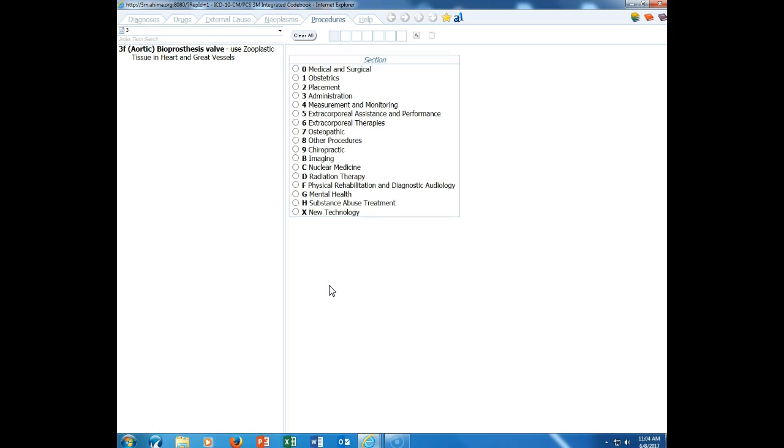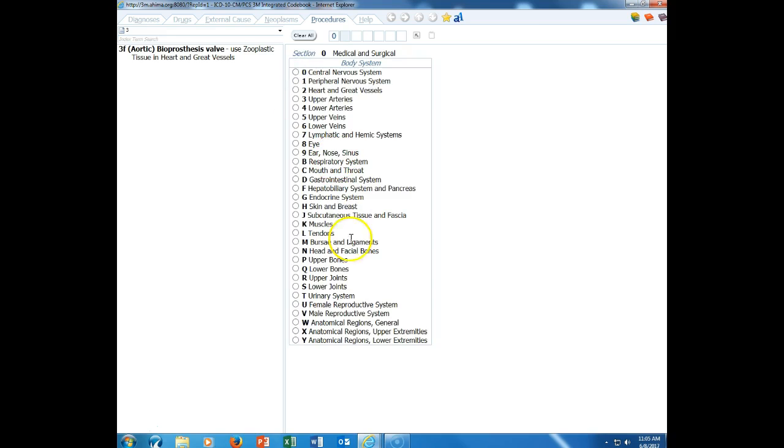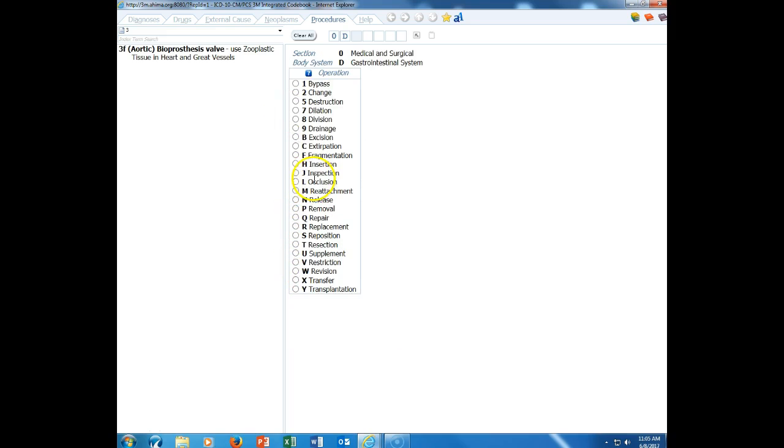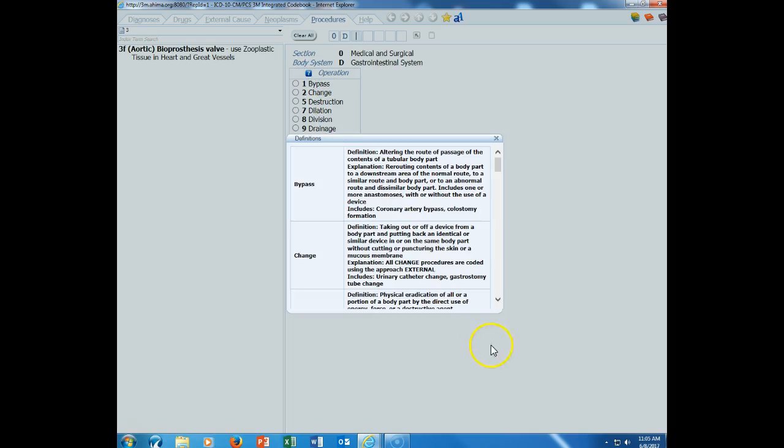All right, now, getting back to the book on page 98, it's very important to understand that physicians do not have to use the terminology that we code by in the procedural coding system. For instance, resection and excision. Let me pick gastrointestinal, and then I'm going to click on this for the root operations.